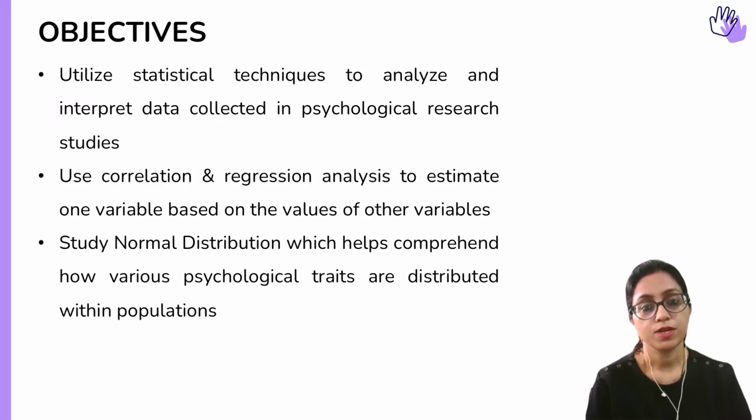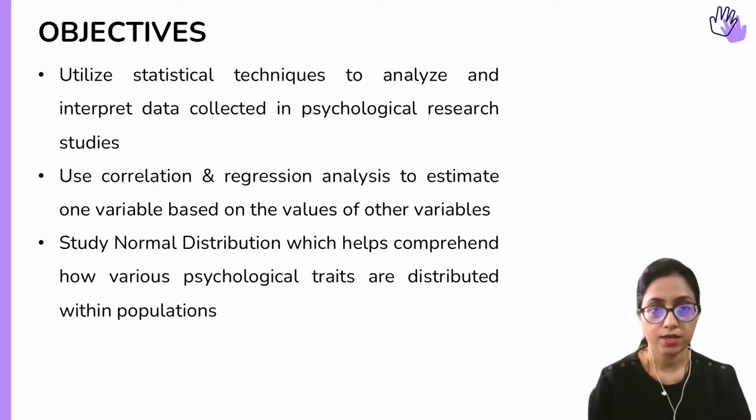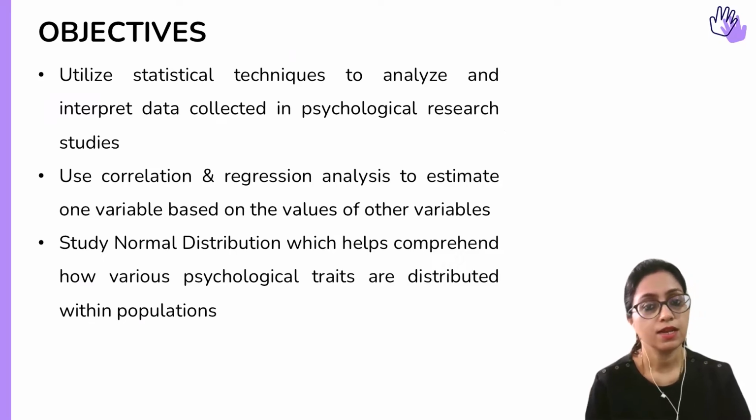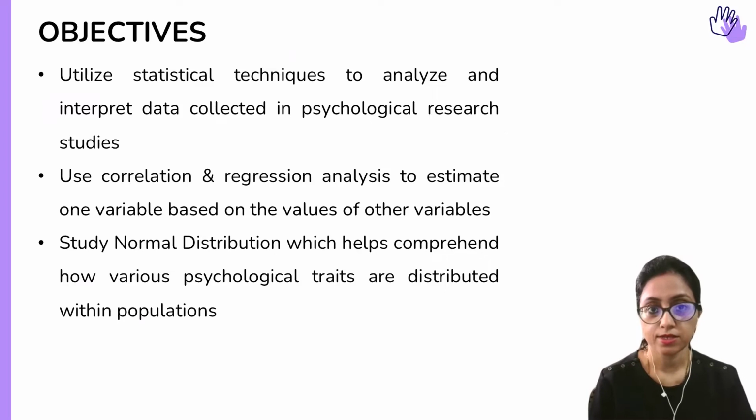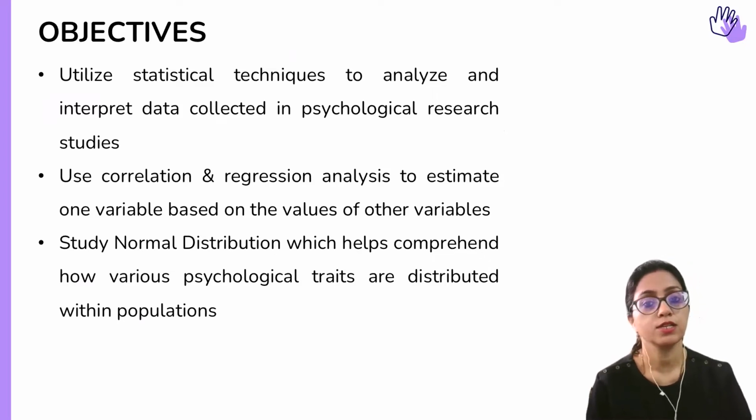The first objective is we learn to utilize statistical techniques to analyze the data and make useful inferences from that data. Then we'll also study correlation and regression analysis, which is one of the very important tools in statistics, which helps us to study the relationship between two variables. In case of correlation, and in case of regression, if you want to study the effect of one variable or more than one variable on a different variable, then you can use regression.